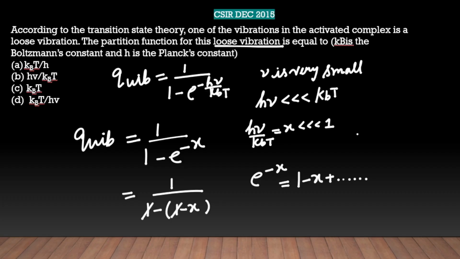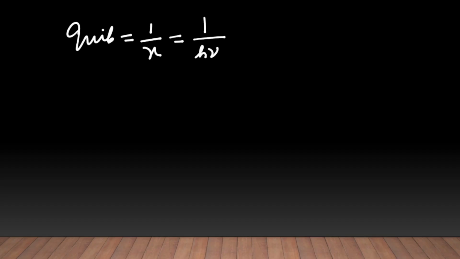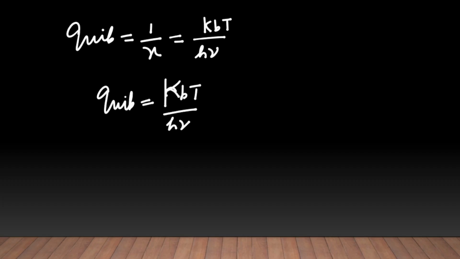So the 1 and 1 get cancelled out, and Q vibrational becomes equal to 1 upon x only, right? Now we can substitute x. Q vibrational is 1 upon x, which equals h nu upon kBT, going in the numerator. So the partition function of that loose vibration is equal to kBT upon h nu. This is the answer.